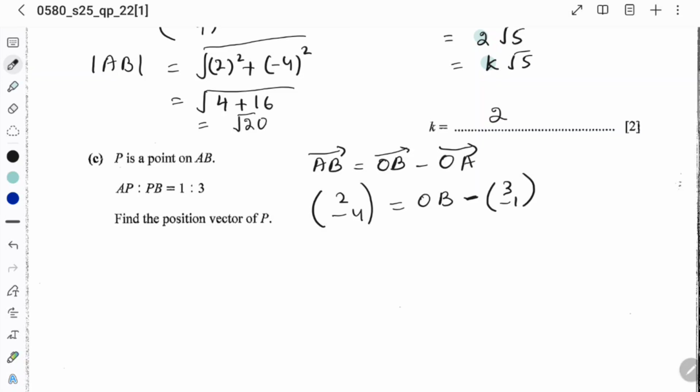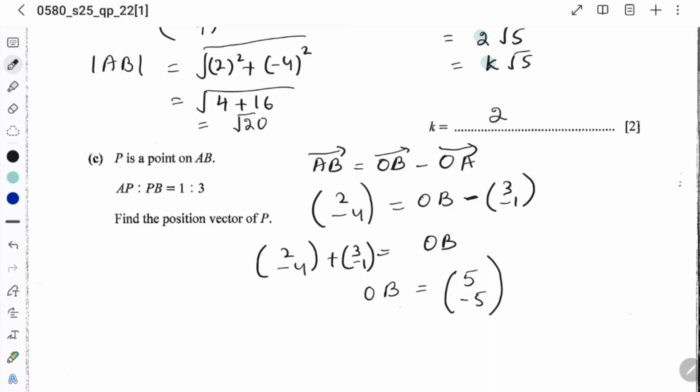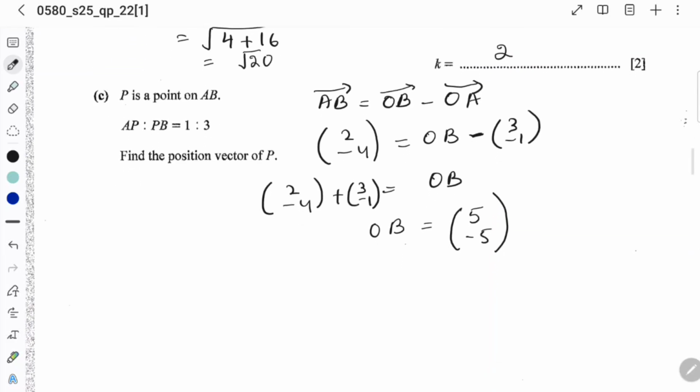Let's calculate the coordinate of OB, or B, which is (2, -4) plus (3, -1). So your OB is equal to 2 plus 3 is 5, and minus 4 minus 1 is equal to minus 5 here. So we found the coordinate of B also.